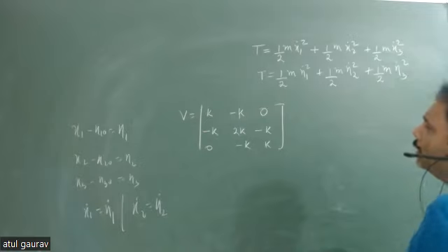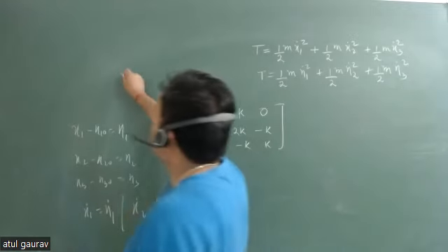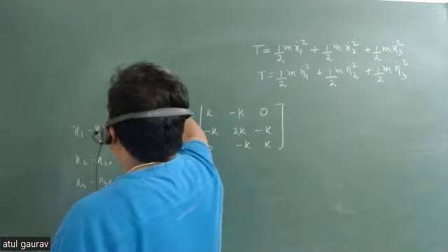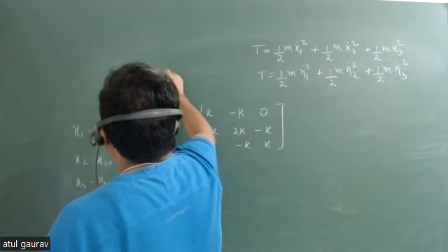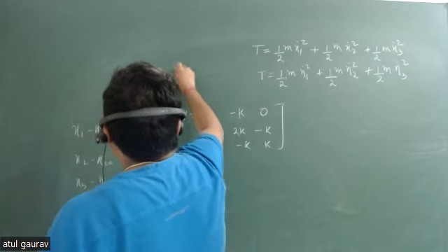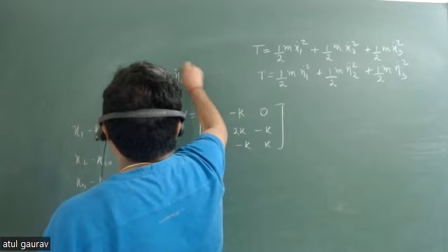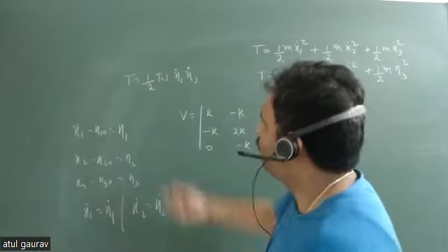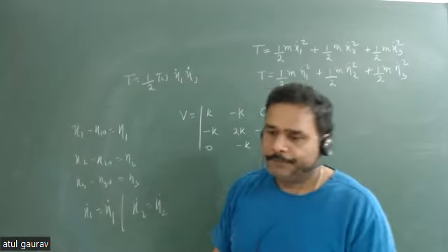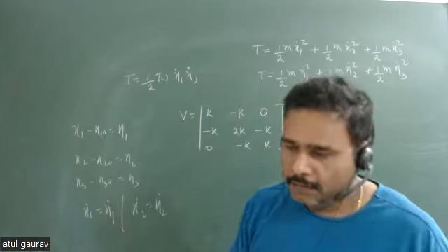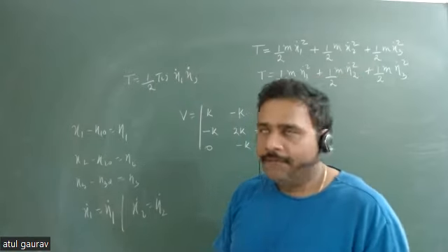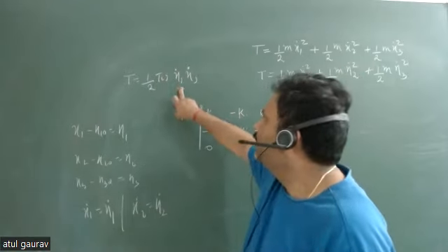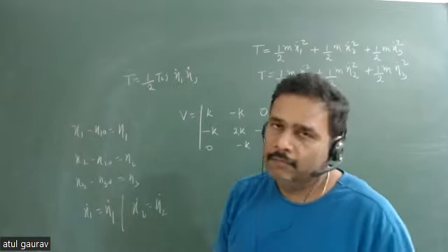Now, what is your kinetic energy matrix? Half Tij eta i dot eta j dot. So what is Tij? The coefficient of half eta i dot eta j dot.